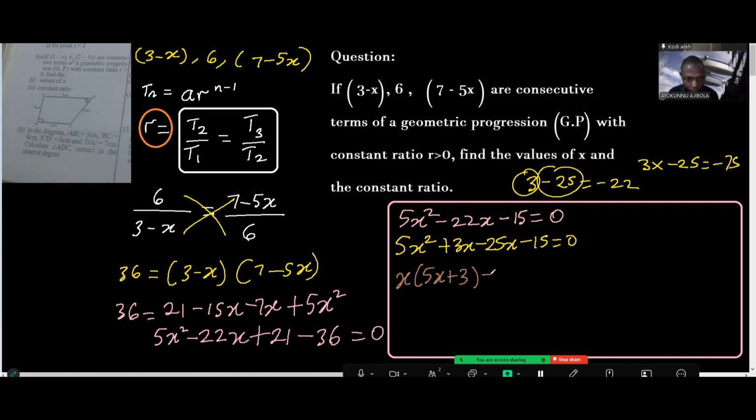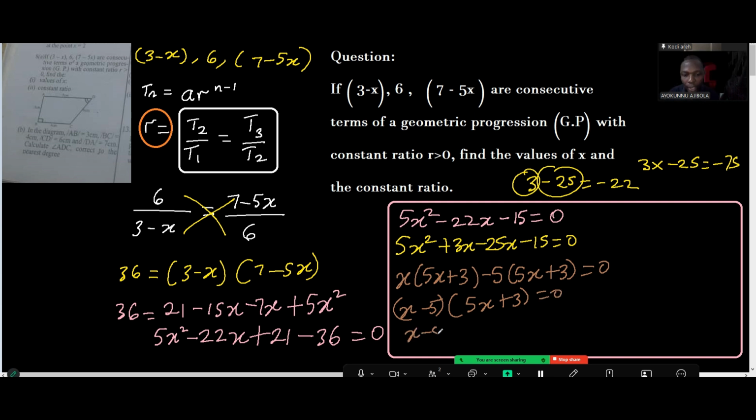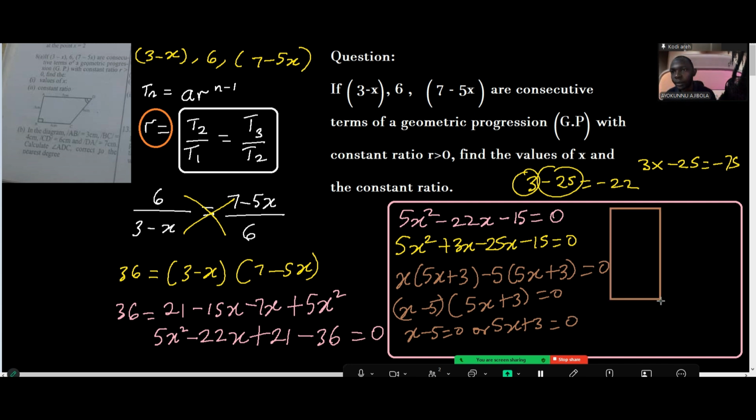So minus 5 into 5x plus 3 equals 0. So we have x minus 5 into 5x plus 3 equals 0. So x minus 5 equals 0 or 5x plus 3 equals 0. So here, let me bring a box here so we can finish up that.